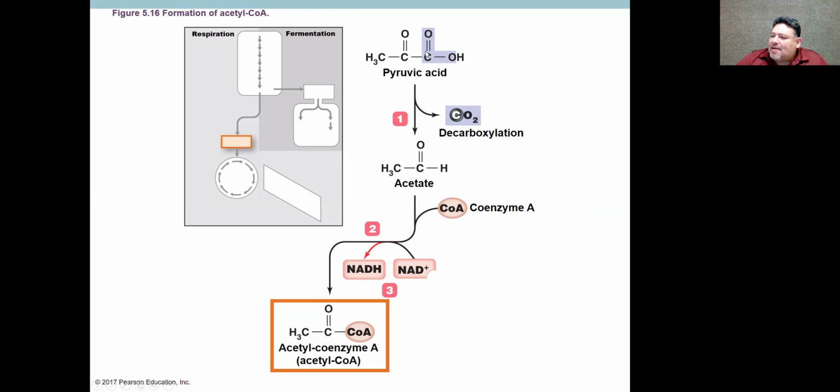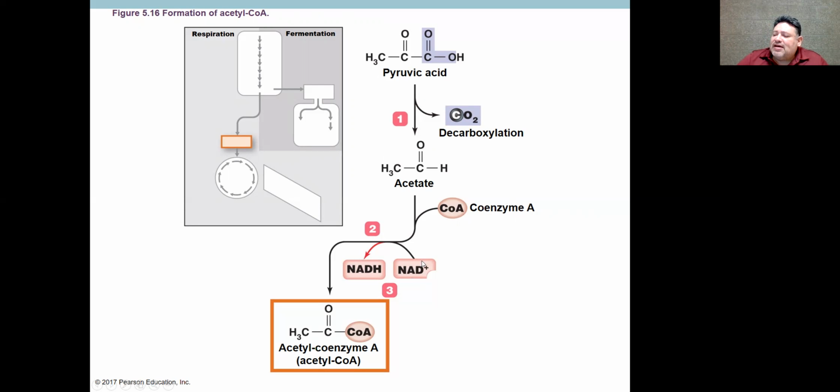Okay, when that happens, this moiety over here of the pyruvic acid is left as acetate. Then that acetate joins to an arm which is called coenzyme A. And when that acetyl group, acetate, associates with a coenzyme A, it's called acetyl coenzyme A. But in doing that, we also look at this beautiful thing.